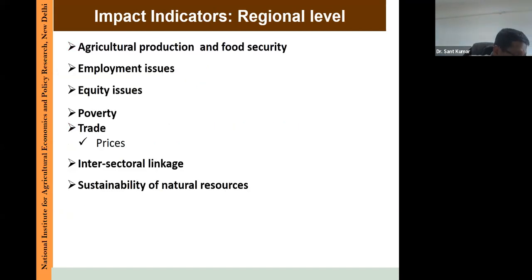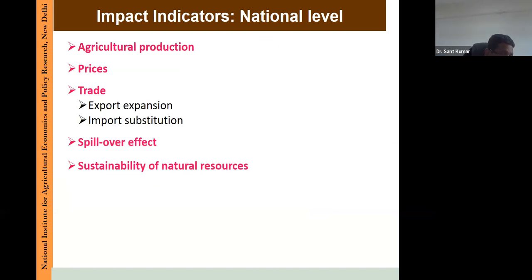If we take the impact at the regional level, then the increase in the production, food security, employment issues, equity issues, the poverty, the trade related aspect could be the ones. If we take the impact at the national level, then increase in production, the decline in prices, the trade promotion, the import substitution, and what has been the spillover.